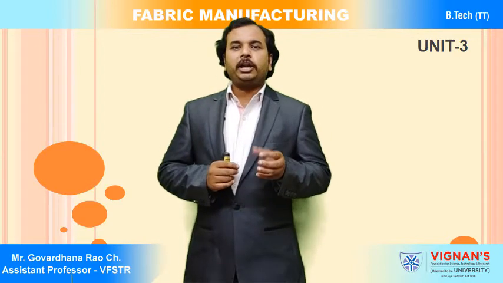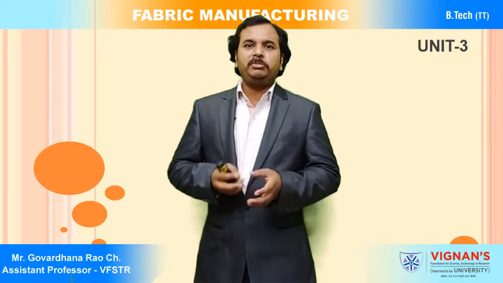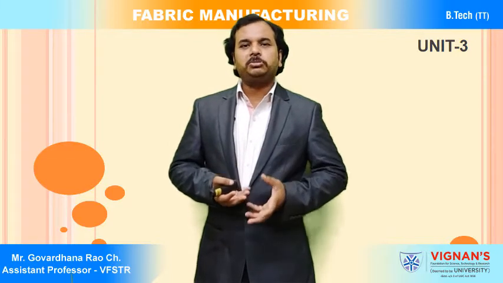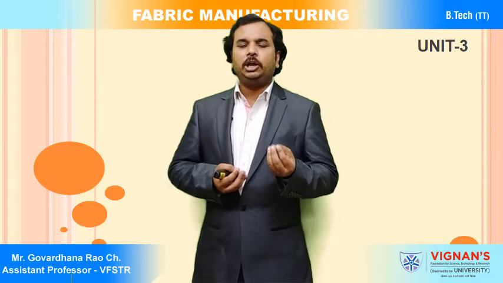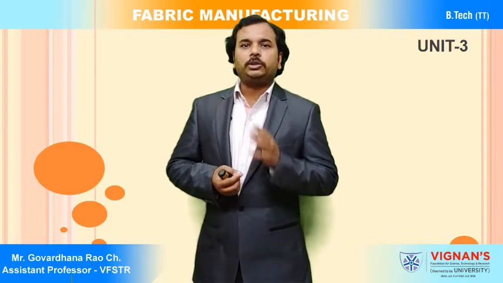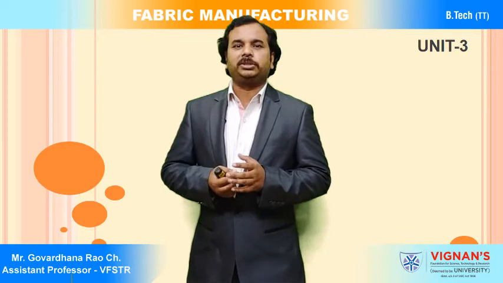So 500 ends per minute means that if the beam consists of 10,000 ends, it will hardly take 20 minutes to knot all 10,000 ends in the weaving machine.